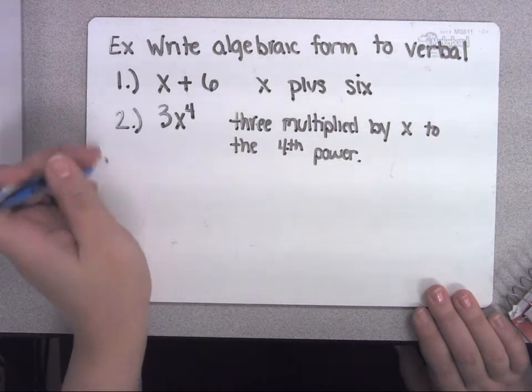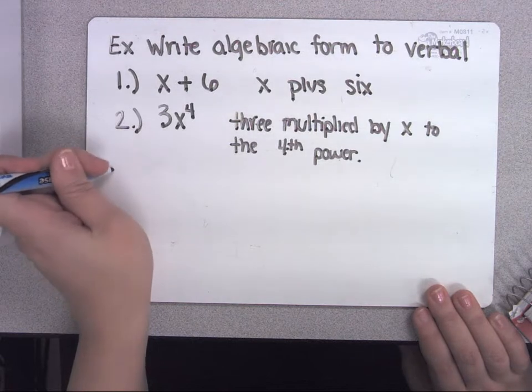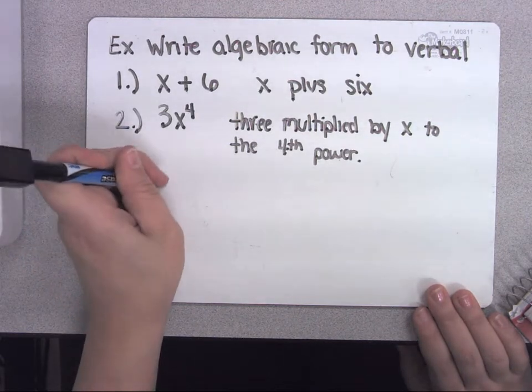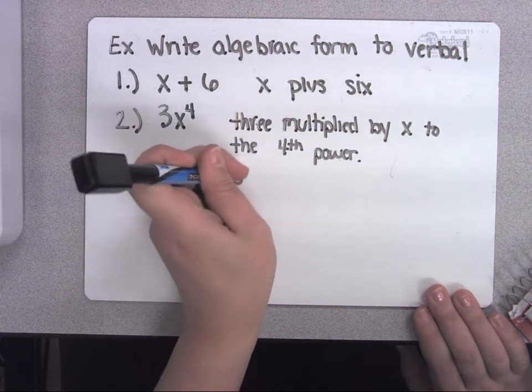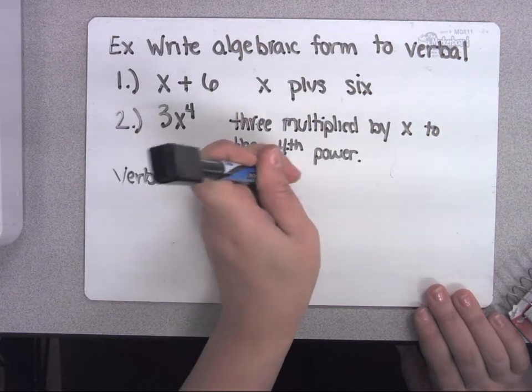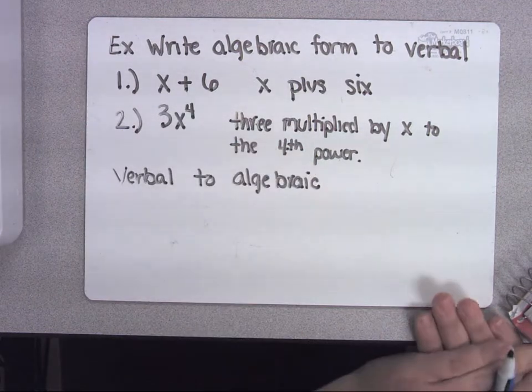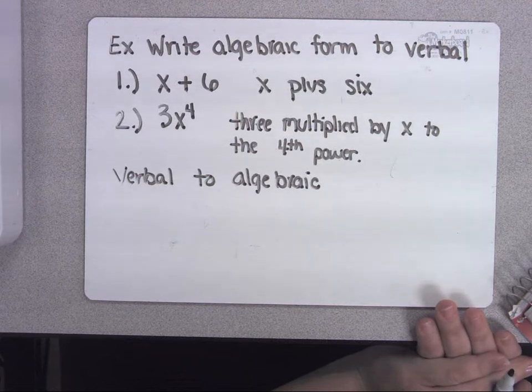Now we're going to go the other way. We're going to go verbal to algebraic. So that means I'm going to give you the sentence. You're going to have to write the expression.